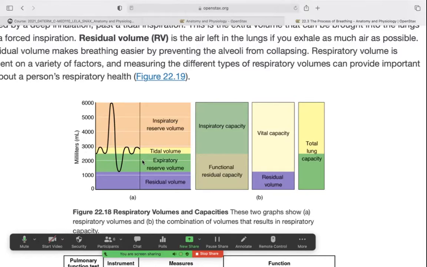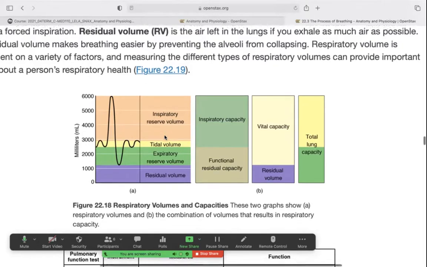You also have an expiratory reserve volume, which is like 1.5 liters. That is where, while you're breathing, you have a little bit more to give on the expiration. And when you're quiet breathing, you also have a lot more that you can inspire. So you have IRV, which is your inspiratory reserve volume.